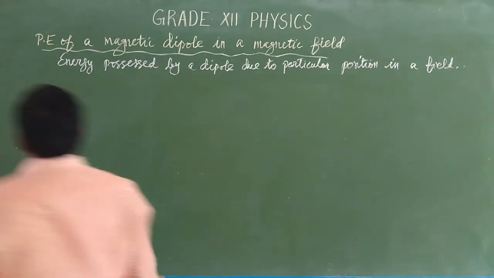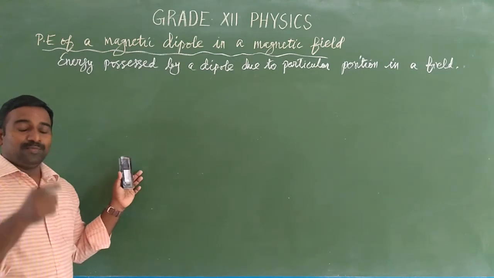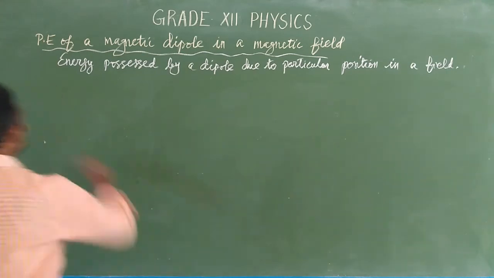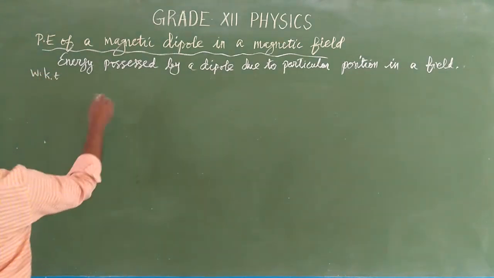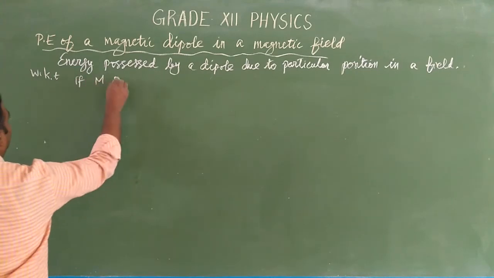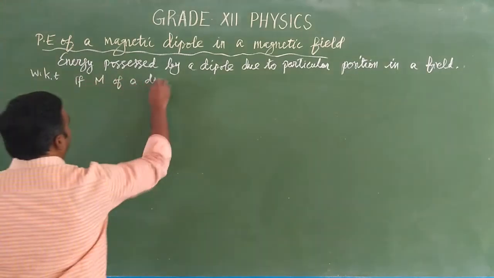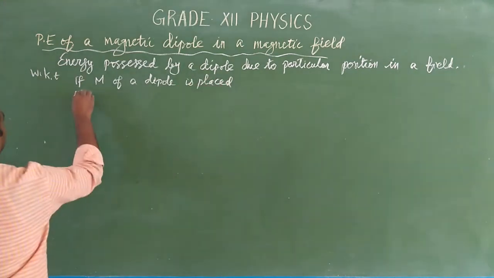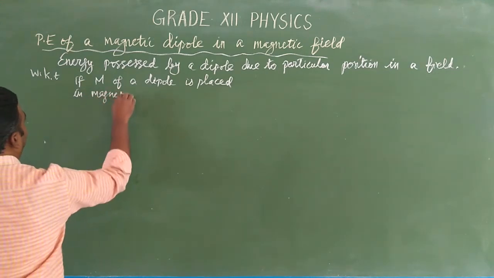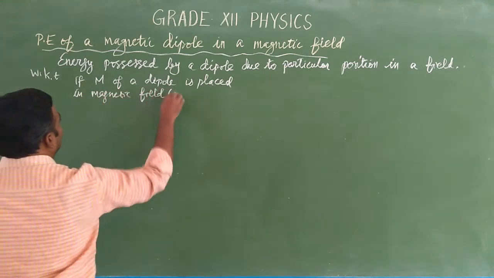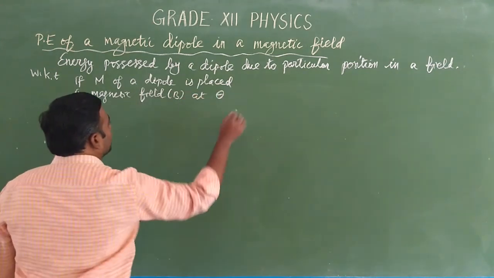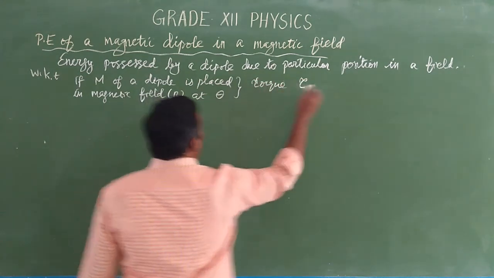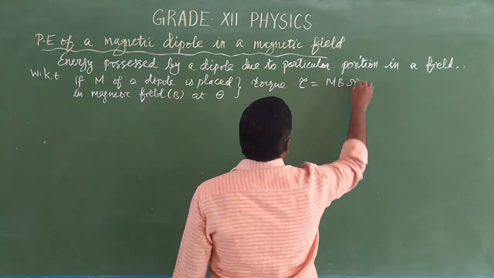Already we know if a magnetic dipole moment is placed in an external magnetic field making an angle theta, then what is the torque experienced? In the previous topic we discussed, if a dipole of moment M is placed in a magnetic field B at angle theta, then the torque tau is equal to MB sin theta.